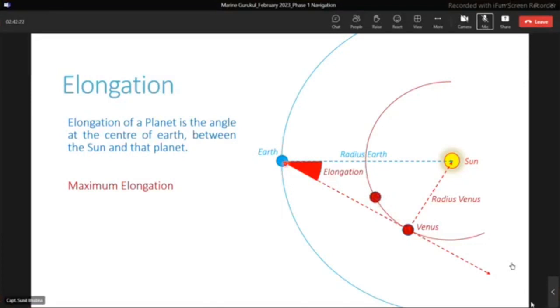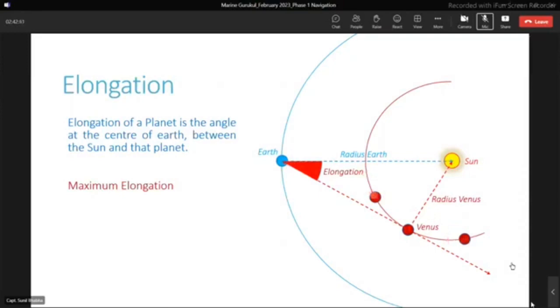The elongation will be the angle between the blue color line showing the radius of the Earth and the line joining the center of the Earth with the location of Venus at this point. If Venus is at this particular location here, the elongation will again be the angle between the radius of the Earth and the line joining the center of Earth with the center of Venus.